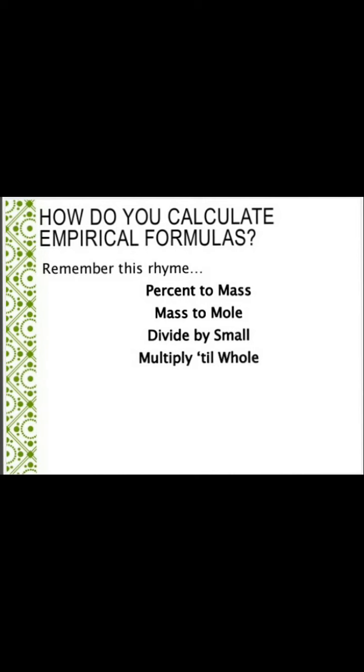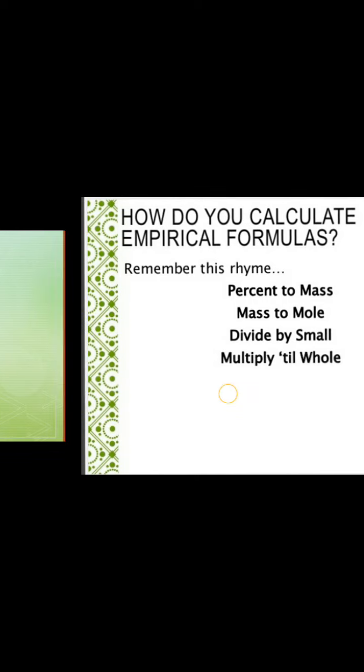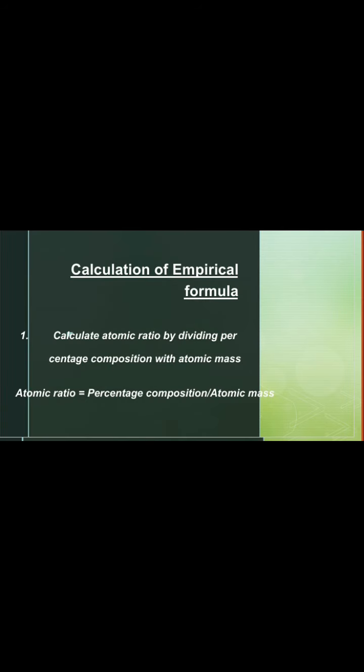Percent to mass, mass to mole, divide by small, multiply till whole. What is the rhyme? Percent to mass, mass to mole, divide by small, multiply till whole. So, the first step to calculate the empirical formula is to calculate the atomic ratio.